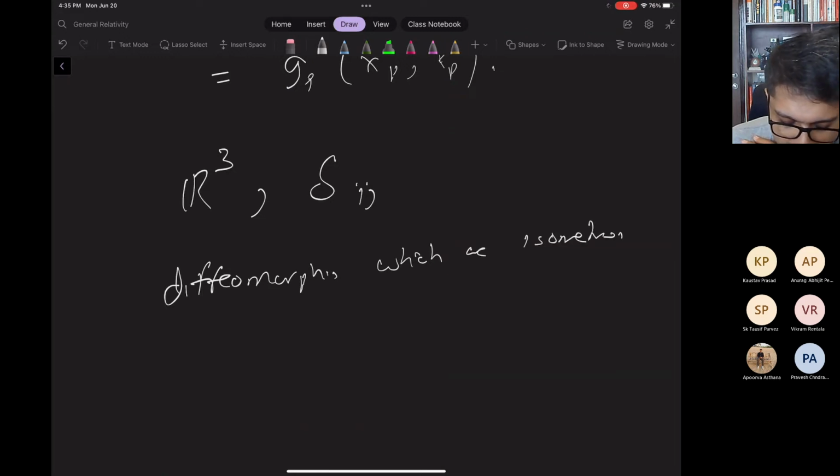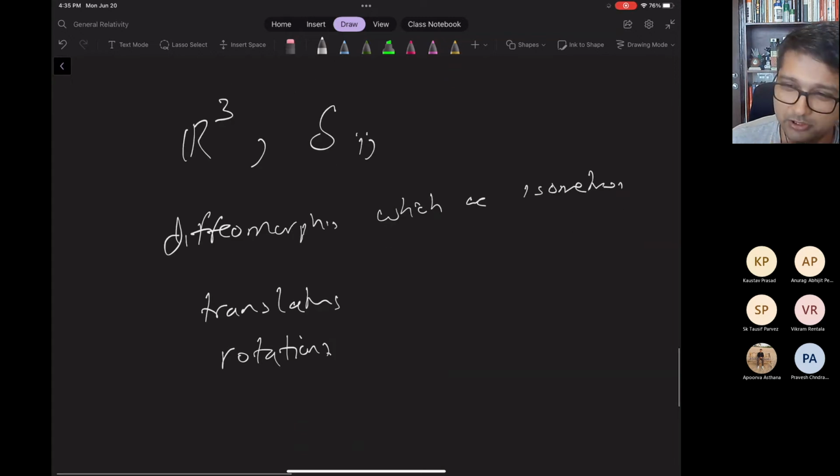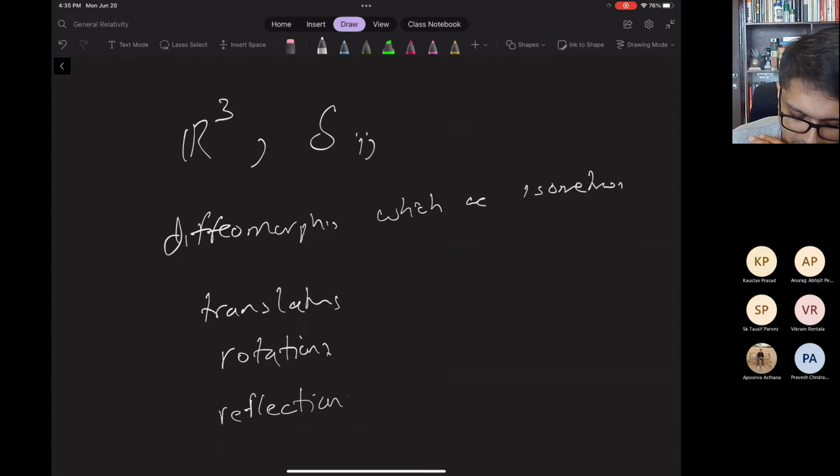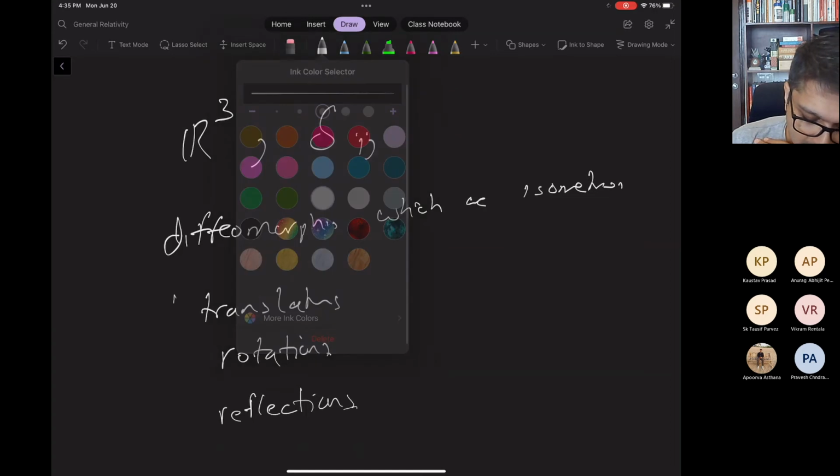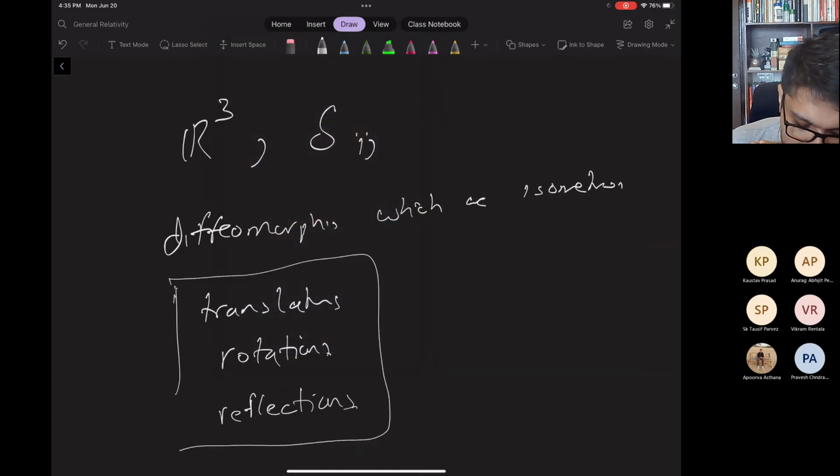I can only do translations or rotations or a combination of translations and rotations. And I can also do these discrete transformations of reflections. But that's it.